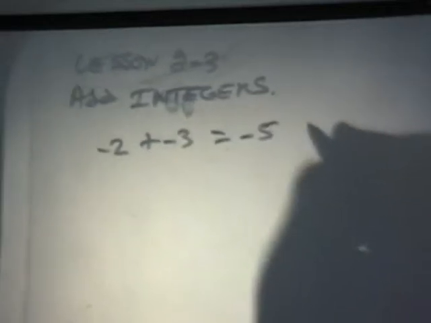What are integers? Integers are positive and negative whole numbers. So, let's add a -2 plus a -3. Now, when you're adding two negative numbers, you're going to get a larger negative number. So a -2 plus a -3 is a -5.